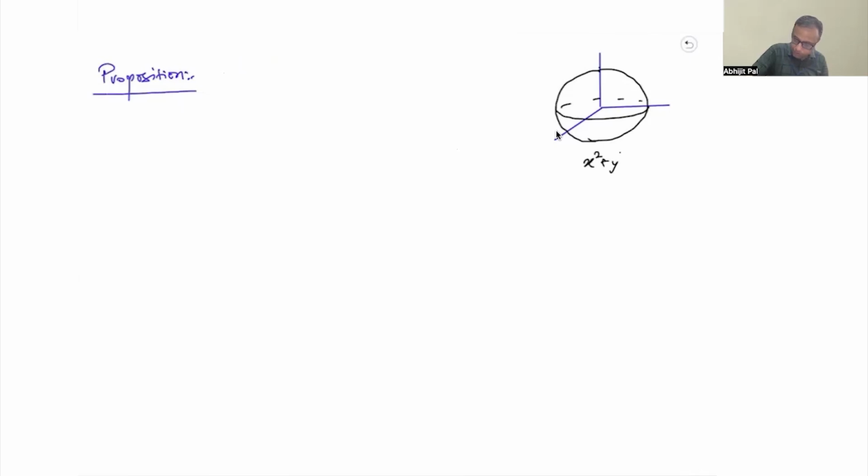This is not a graph of a function. But if I take a small patch, something like this, this part is a graph of a function. Similarly, if I take this small patch, it will be a graph of a function, something like this.